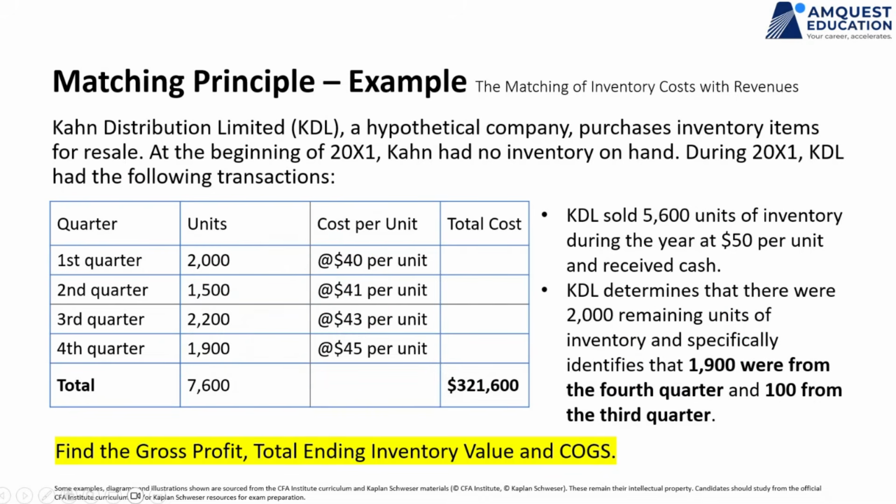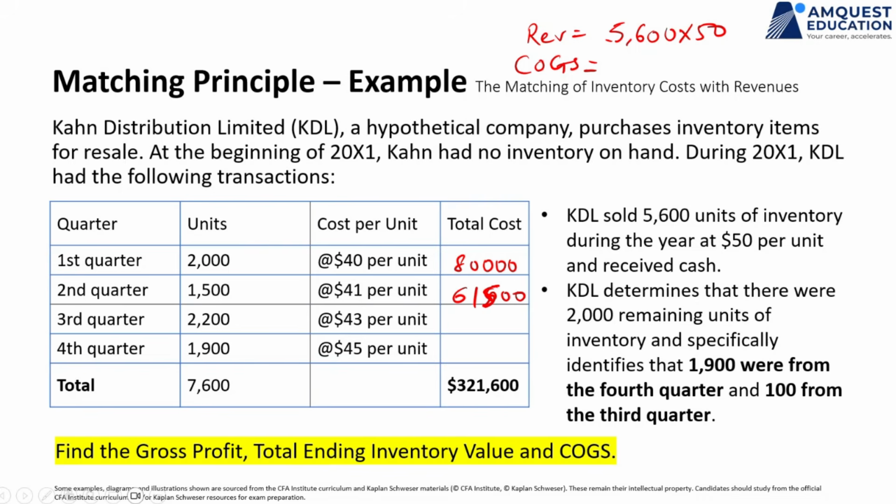So as I said, my revenue will be very clear, 5,600 into 50. My cost of goods sold will be equal to 2,000 into 40, that is 80,000. Perfect. And then 1,500 into 41, that is 61,500.